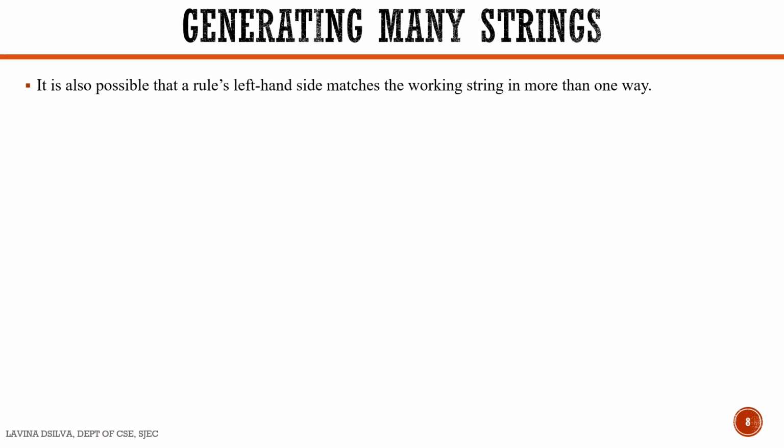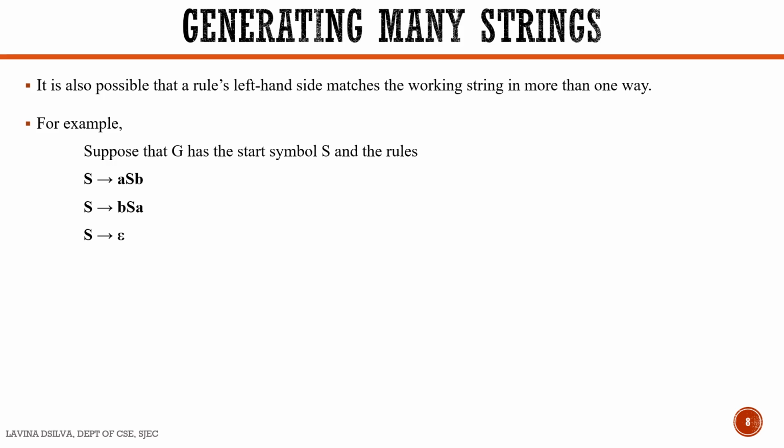There may be scenarios where the left hand side of a rule may match the working string in more than one way. We'll just see an example to understand this concept. Consider that we have a grammar G and this grammar G has 3 rules. I'll label them as R1, R2 and R3.